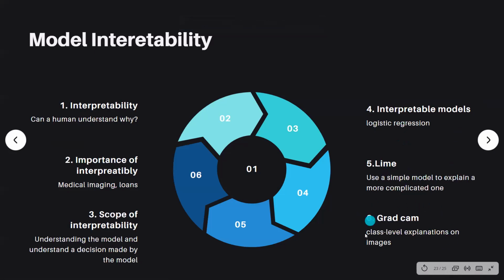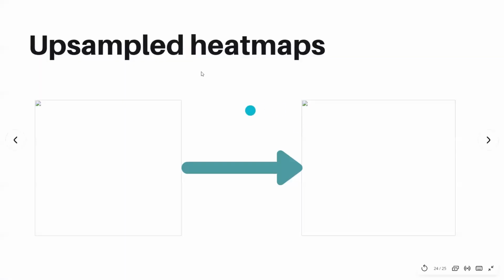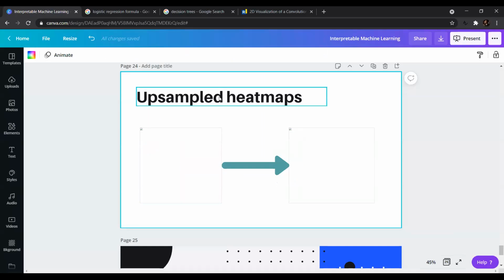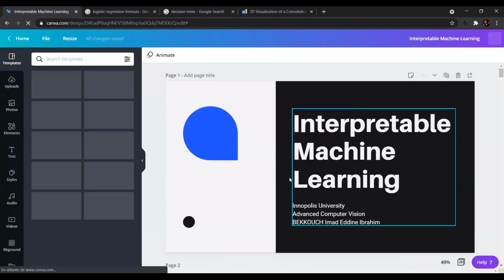And then we've seen GradCam as a very good algorithm for explaining convolutional neural network decisions. This should have been an example of how to use upsampled heat maps, but for some reason the images are not loading. Let me try to refresh. Maybe the images will load again.